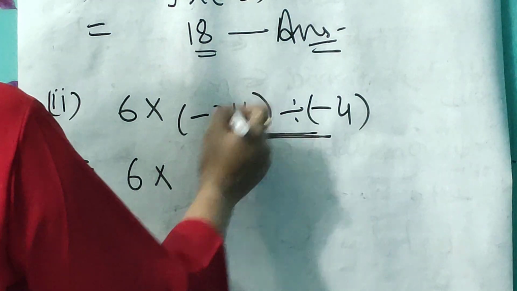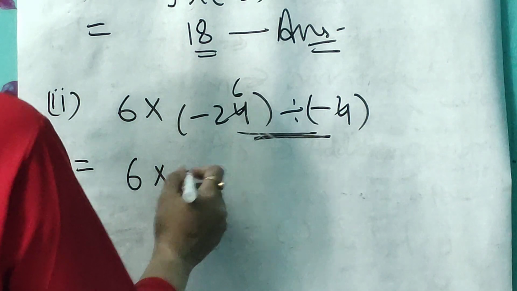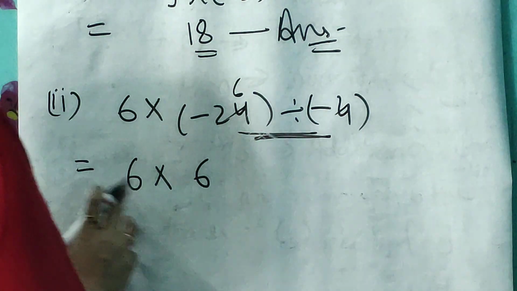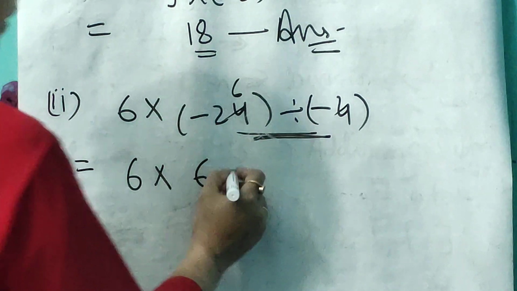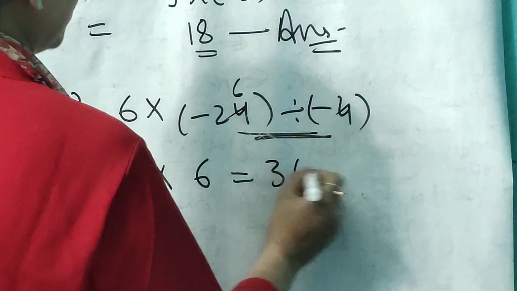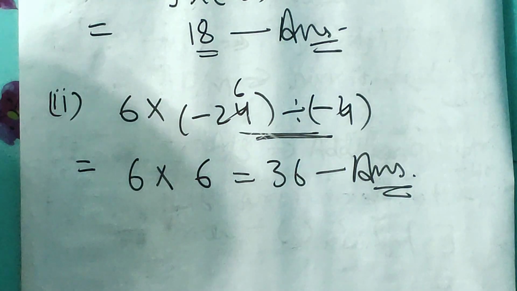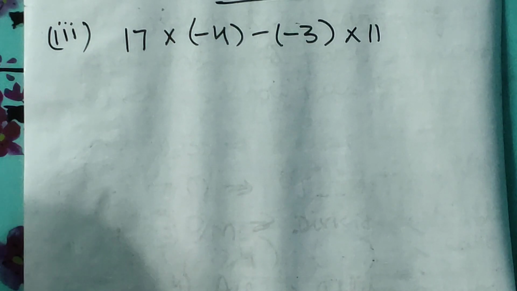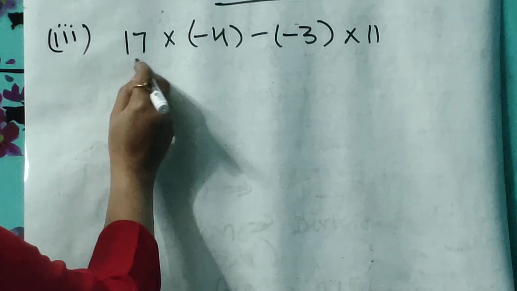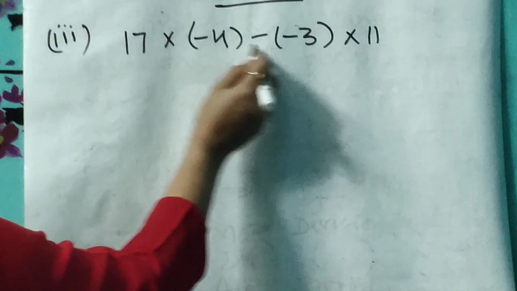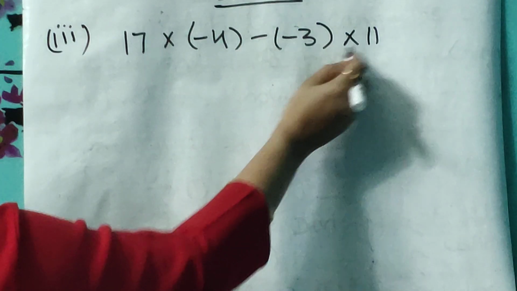So we get plus 6, and now 6 into 6 is 36. So the answer is 36.